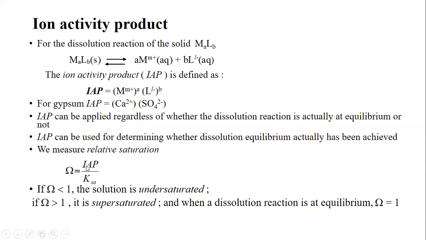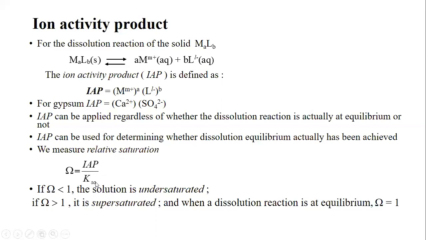So we calculate IAP. And then somebody will ask us, are we going to have equilibrium in this particular solution, or are we going to have undersaturation or supersaturation? So we'll see. If omega is less than 1, look at this fraction. Omega equals IAP, ion activity product, over K. If this is less than 1, that means this value is smaller than this value.